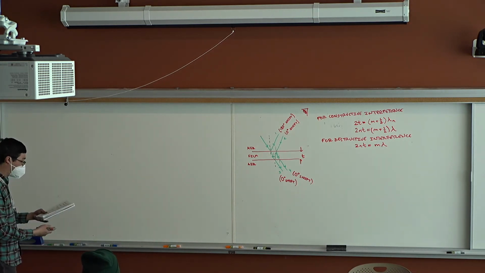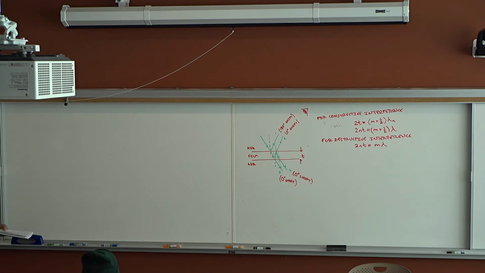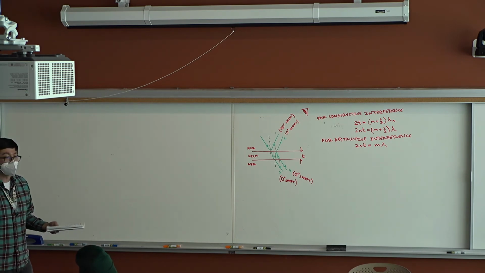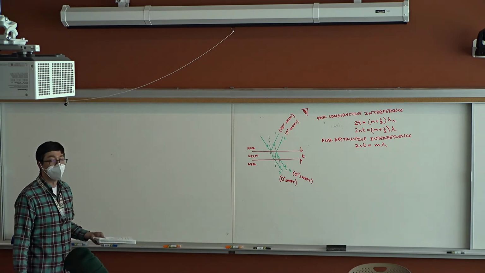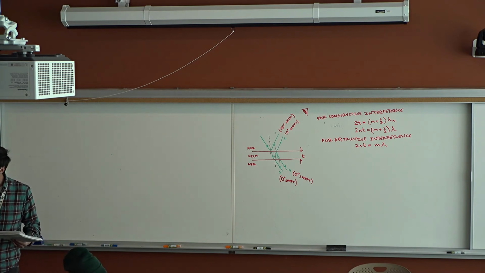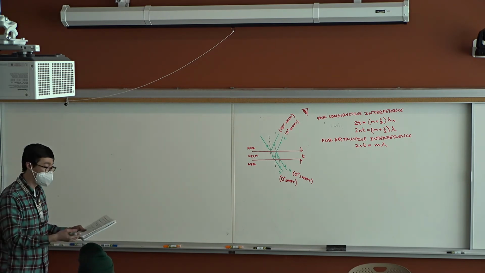So, non-reflective coatings for a camera lens or a solar cell, right? You want as much light to get into your solar cell as possible. You don't want to reflect much.